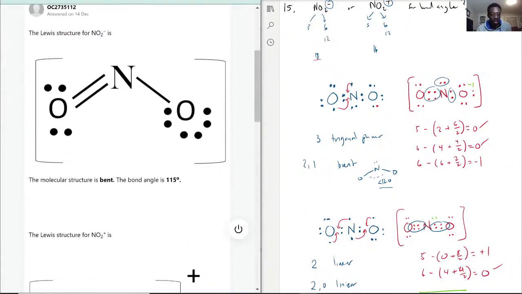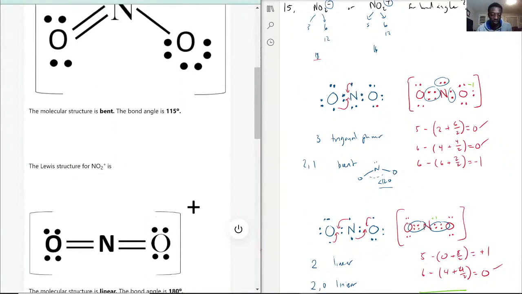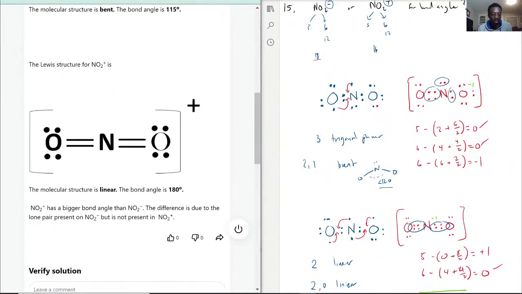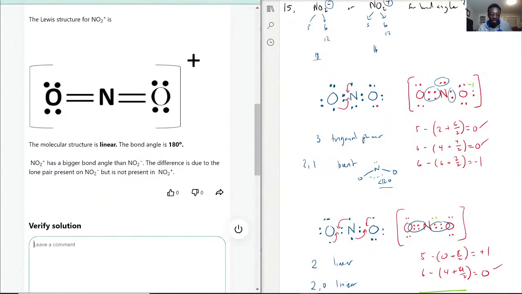The molecular structure is bent, angle is 115, and this is linear, angle is 180. So the difference is due to the lone pair present in NO2 minus, but not in NO2 plus. And this is correct.